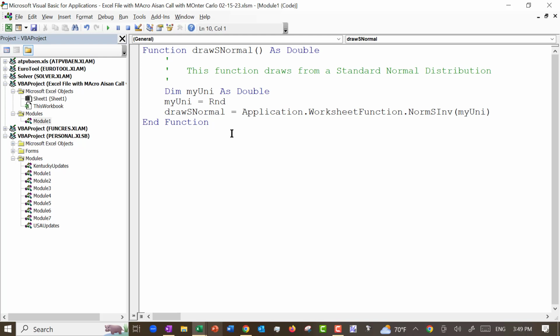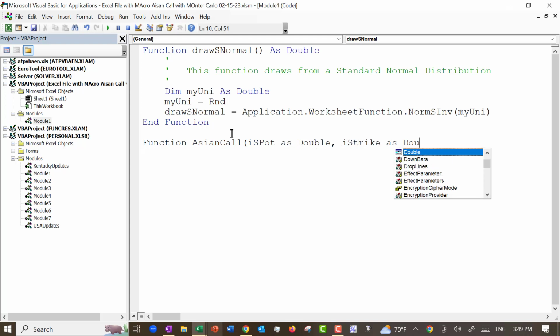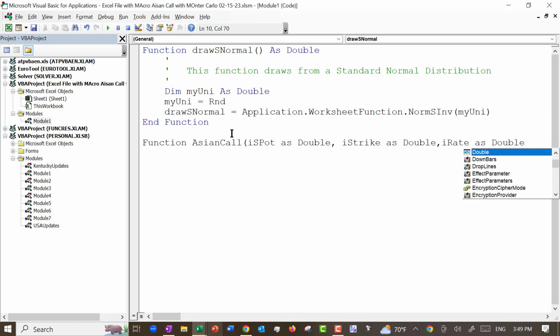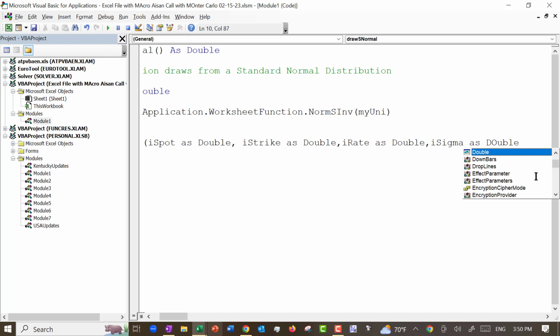Let's get things started. I'll write some utility functions as we need it. Asian call. Let's have arguments: I spot as double, spot price, strike price, interest rate, volatility.